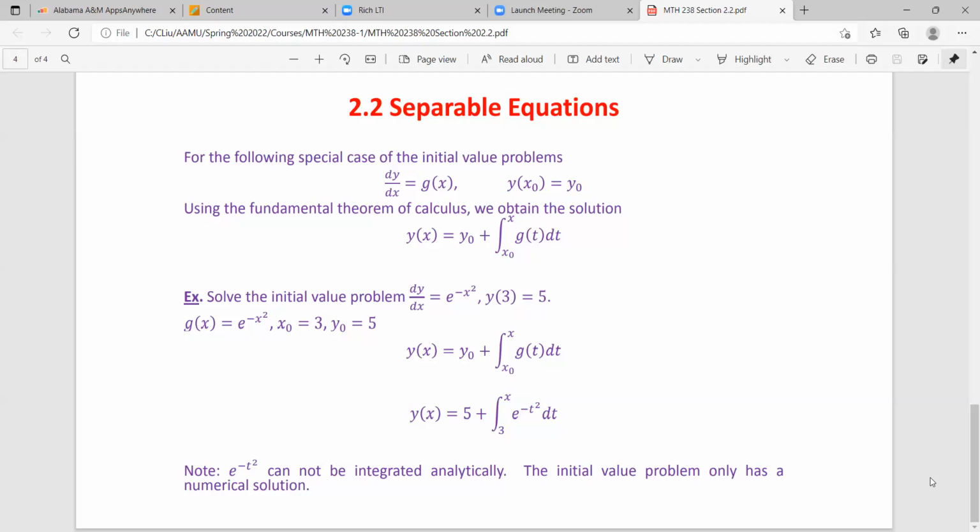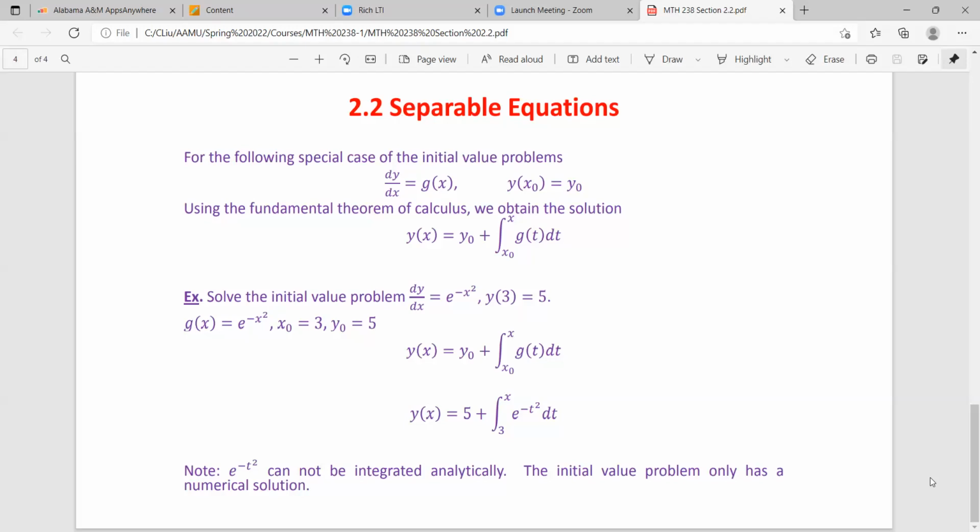So here the function g is e to the negative x squared. So the solution to the problem will be y equal to 5 plus the integral of e to the negative t squared from 3 to x.